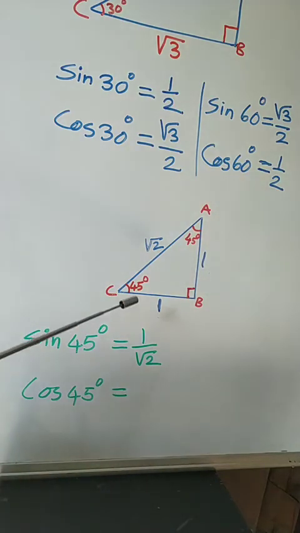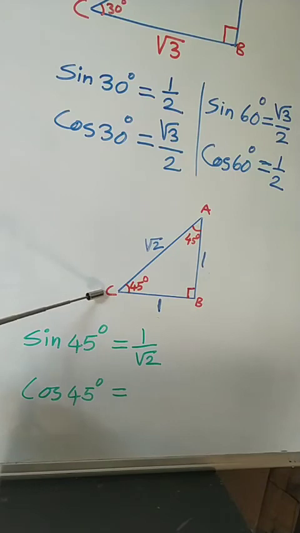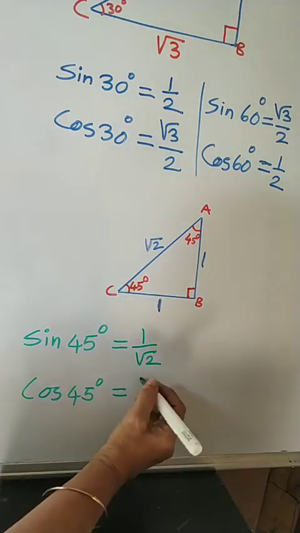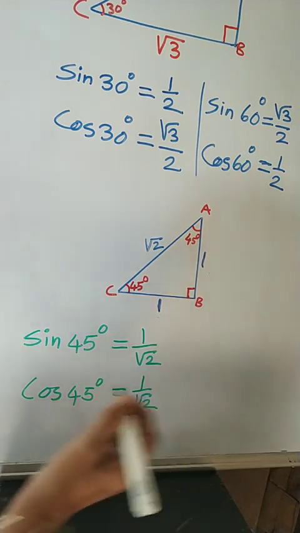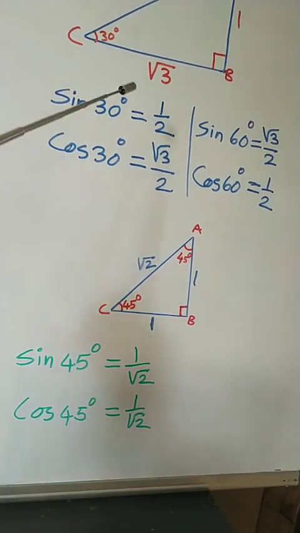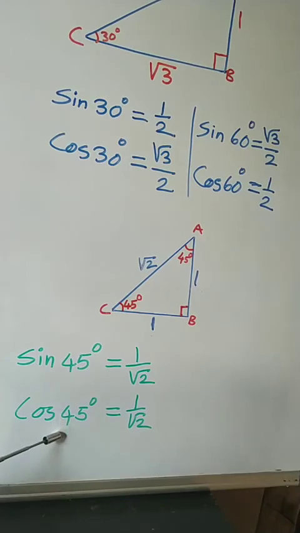Cos 45 is adjacent side upon hypotenuse, which comes to again 1 upon root 2. So now we know two more values. How many did we know before? We knew 1, 2, 3, 4, and now we know 6 values.